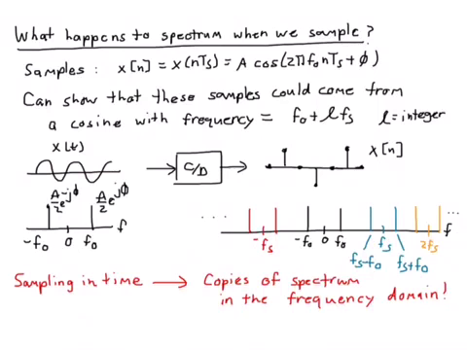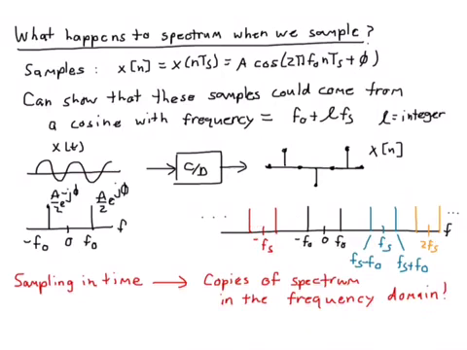What this spectrum really means is that the samples could come from this signal, but they could also come from a signal with a higher frequency. There's no difference in the samples we would get from a signal with this higher frequency, or this higher frequency, or this lower frequency.